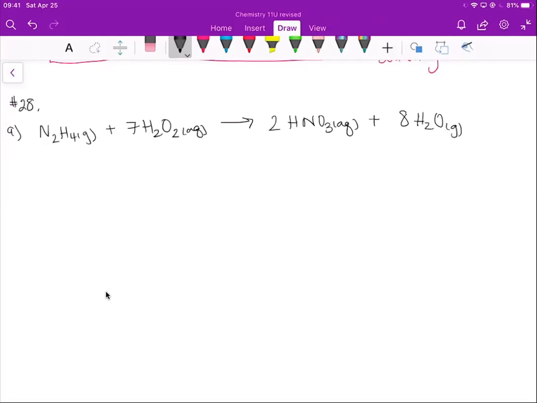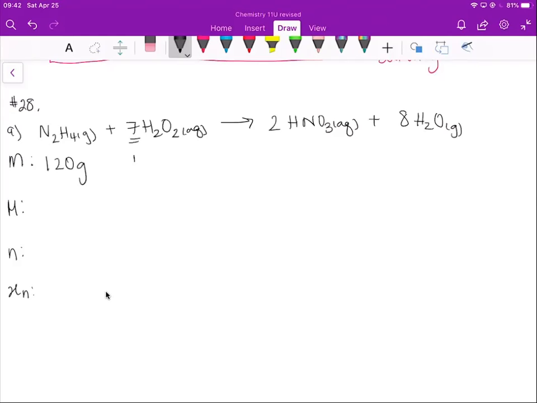Okay, so let's look at this here. We know that we have mass, molar mass, number of moles, and number of moles with regards to the coefficient. The first thing I'm looking at is, wow, 1:7 ratio. That's a big ratio.